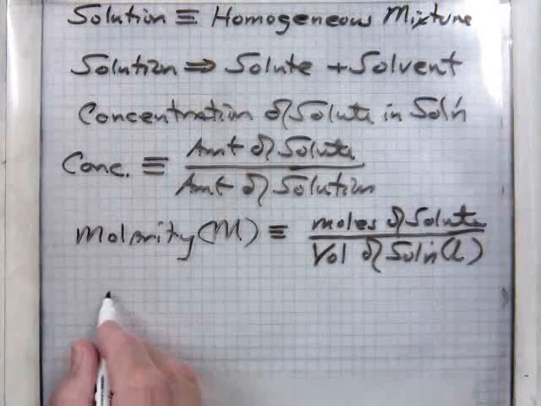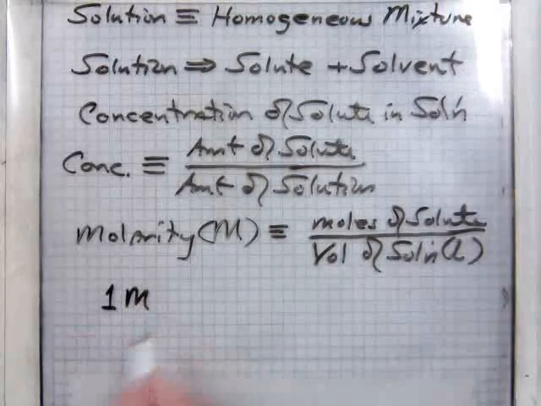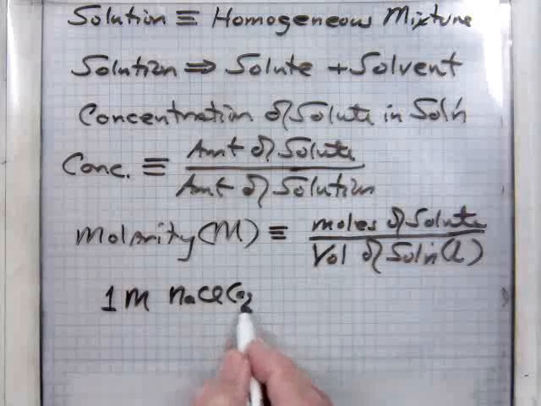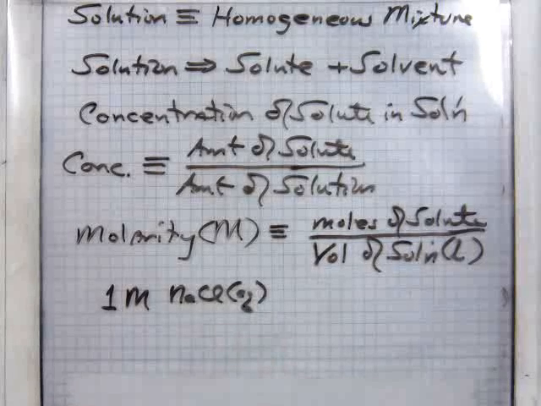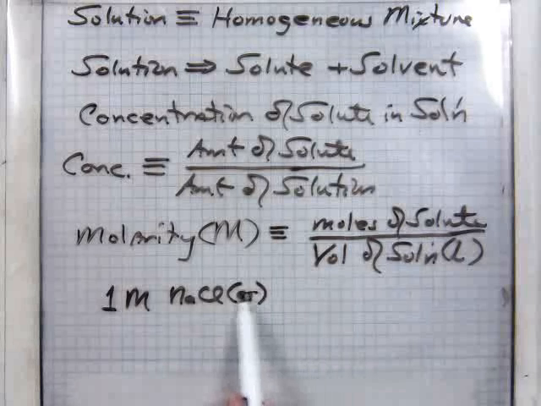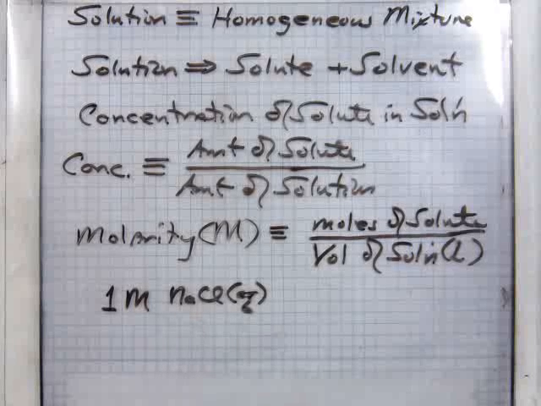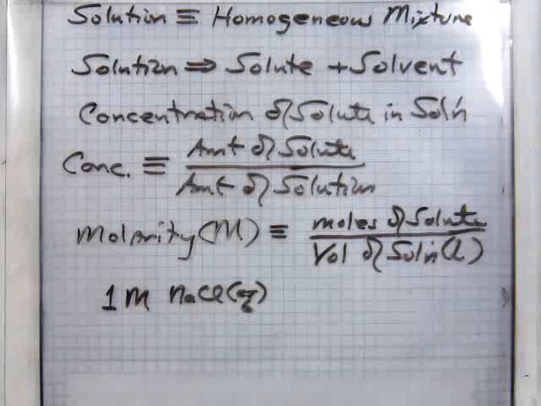Example would be, say, a 1 molar sodium chloride aqueous solution. See, that's the symbology. And AQ refers to the solvent as being water. And then, of course, you have the salt, table salt, dissolved in the water.